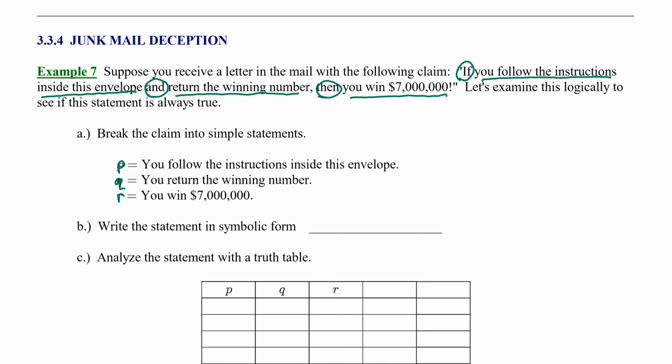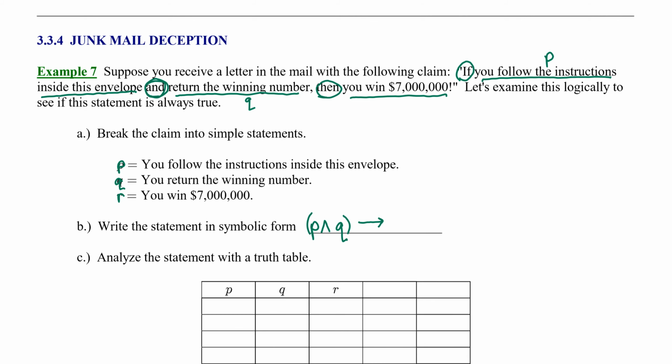We have a conditional, which means we have this one direction arrow. On the left of the conditional, we're going to symbolize our hypothesis. That is, you follow the instructions inside this envelope, that's statement P, and we can write our symbol for and. You return the winning number. That's statement Q. So that follows the word if.